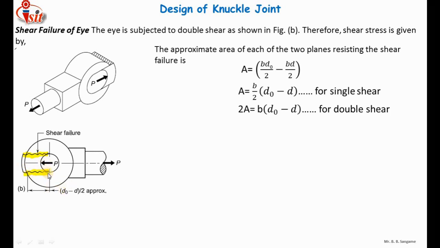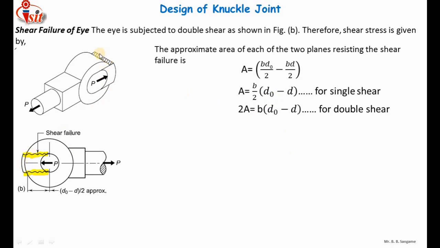I have calculated the approximate area here. The outer diameter do minus the inner diameter d gives this portion, and this is the thickness b. Sorry, it is do by 2 minus d by 2.